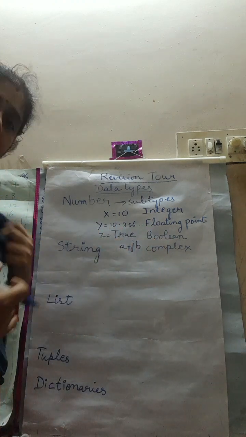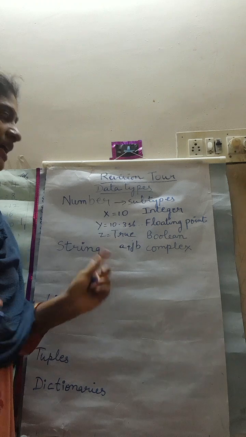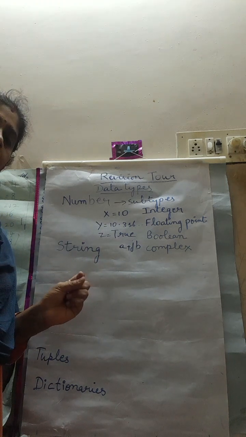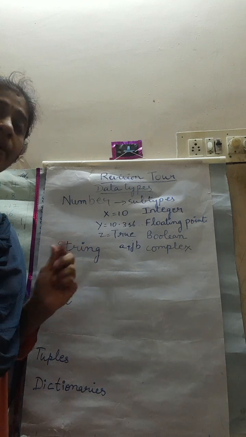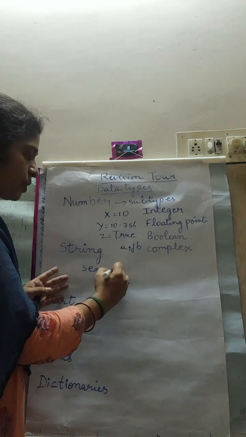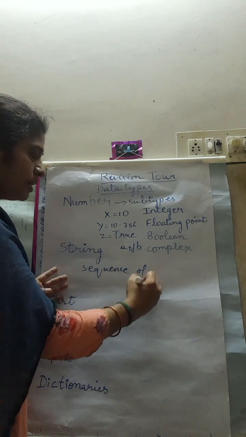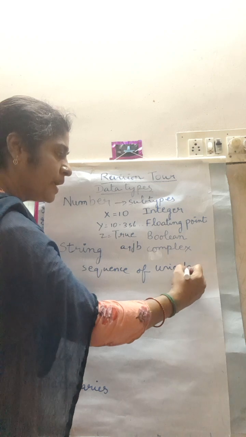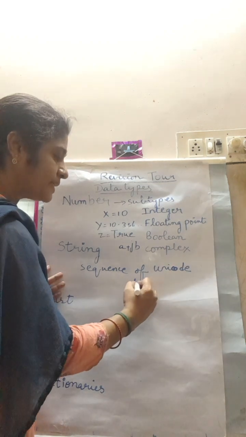Now, what are strings? String is nothing but a sequence of Unicode characters. What do you mean by Unicode characters?